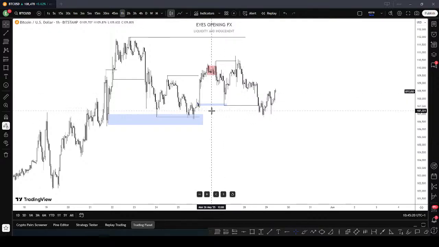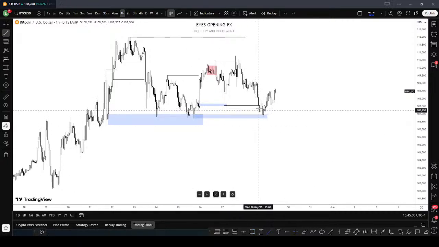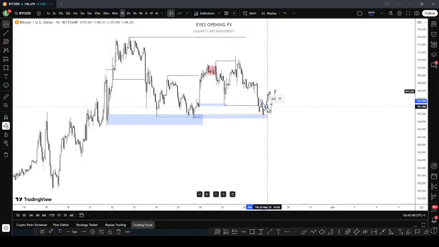Since this can be inducement, and here we'll have support level or SC candle, market can decide to buy from here. All right, market can buy from this structure range, and we'll have a short-term break of structure to the upside right here. So that is that.